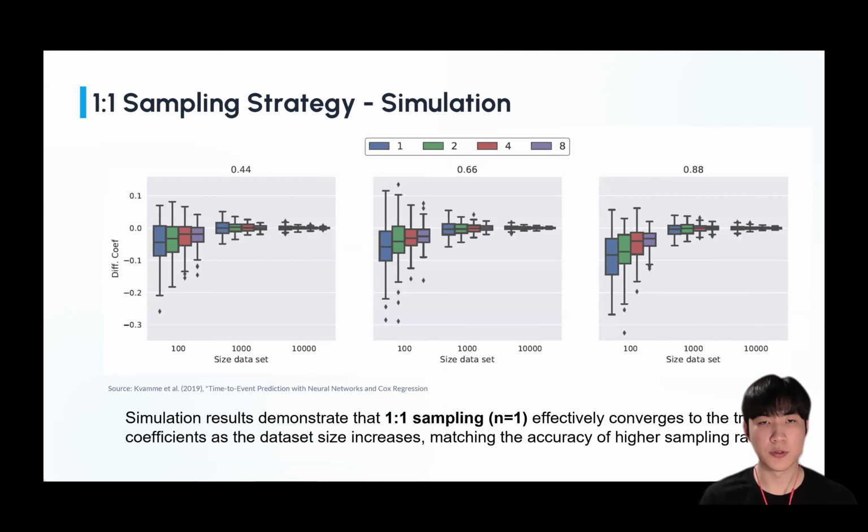This box plot proves the statistical validity of one-to-one sampling. As the data set grows to 10,000, the blue box, n equals 1 sampling, perfectly converges to 0 error. Surprisingly, its accuracy is just as good as picking 4 or 8 subjects.